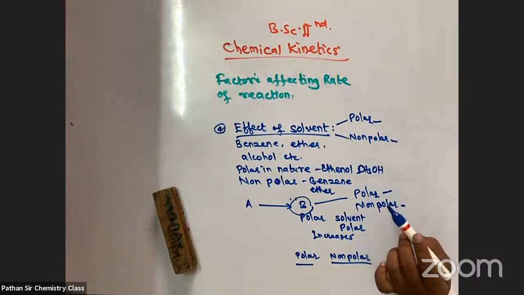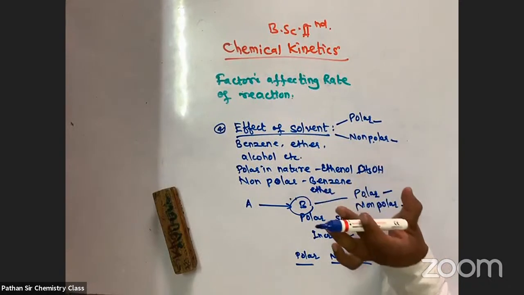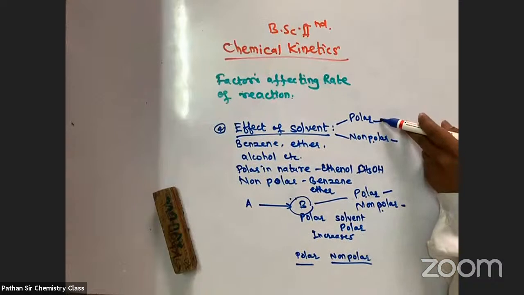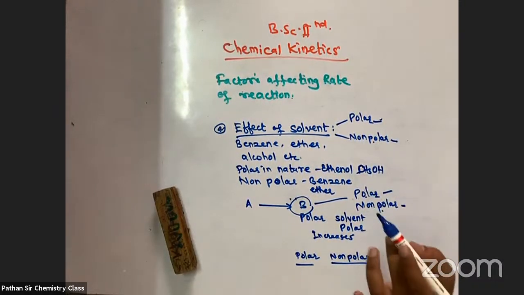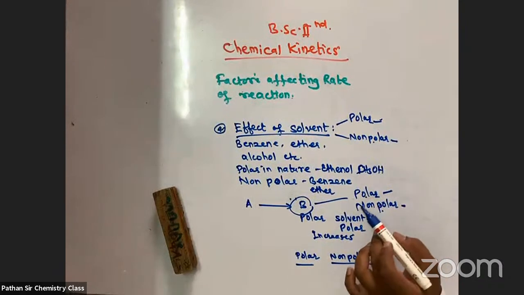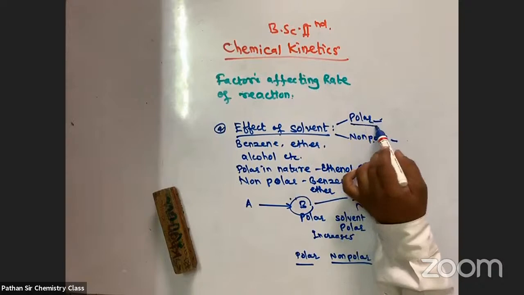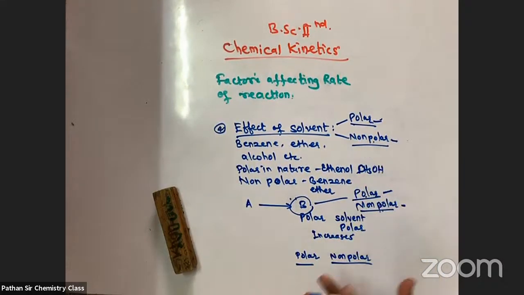But in reverse, if the product is polar and solvent is non-polar, rate of reaction decreases. And if the product is non-polar but solvent is polar, rate of reaction again decreases. So like dissolves like. That means for polar, polar helps; for non-polar, non-polar helps. So this is the effect of solvent.